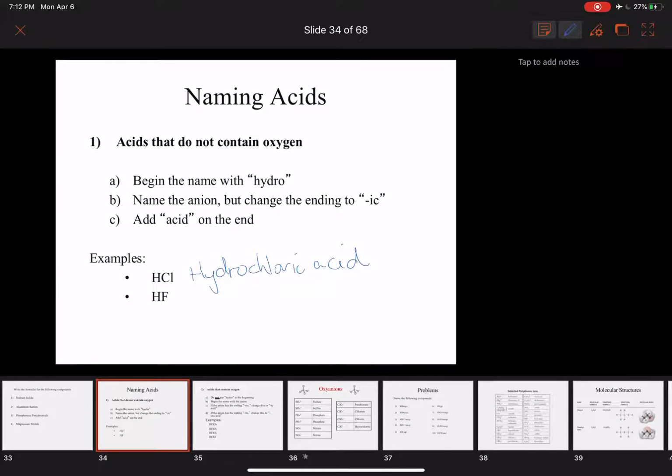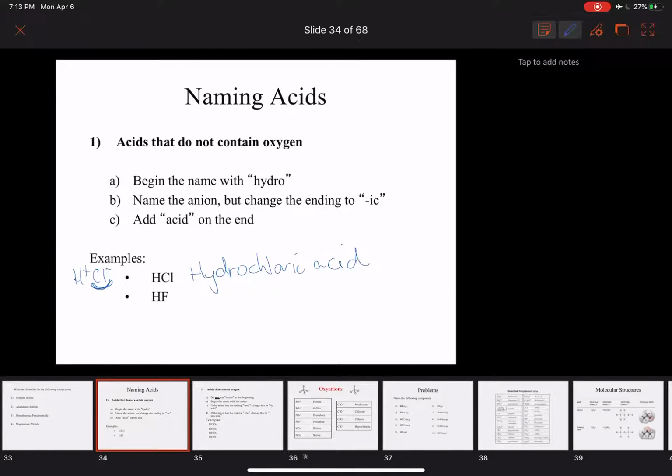What we do after that is we name the anion, but we change the ending to ic. We can think of HCl as H plus and Cl minus because those are the ions that it's going to split up into when we dissolve it in water. The anion right here is chloride.